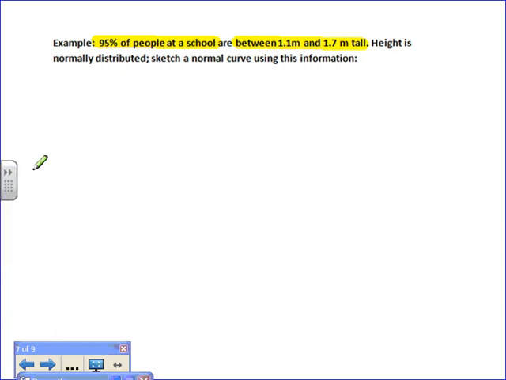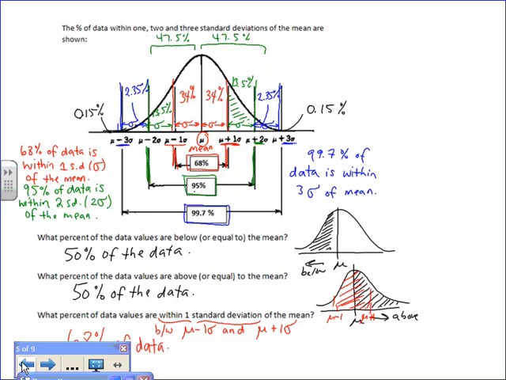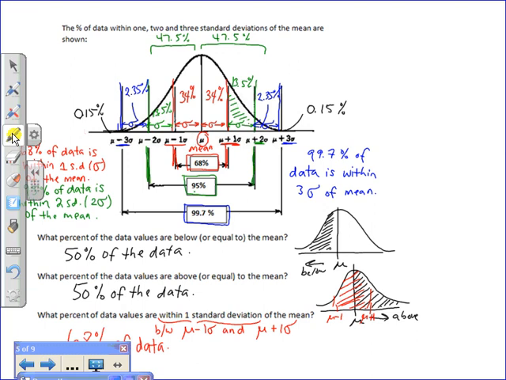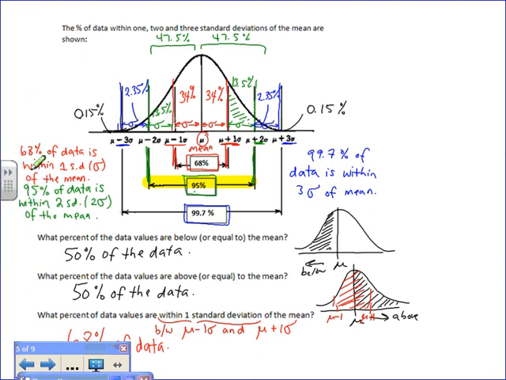I want you to start to be familiar with this breakdown right here in your notes. Okay, so when you see 95% of the data, it's always true that 95% of the data are within 2 standard deviations of the mean.